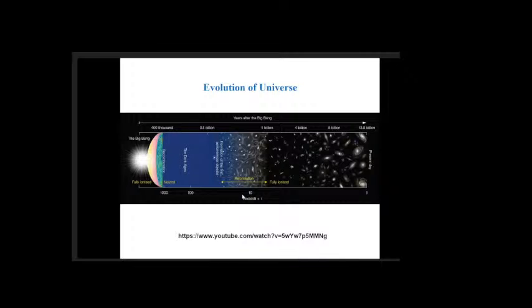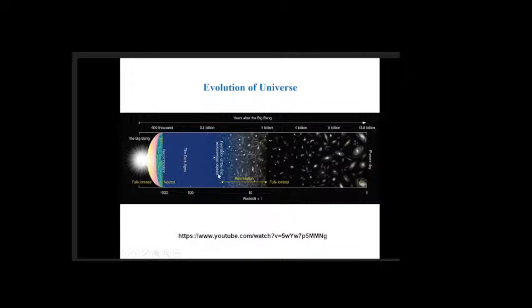Scientists from all over the globe are trying to understand what happened exactly during that time, and they have built radio telescopes, because a radio telescope is the only promising way to observe this epoch. You cannot observe this epoch just by optical telescope. There are many challenges for it. So the radio telescope is one of the promising tools to study this epoch, and I'll talk about that later.